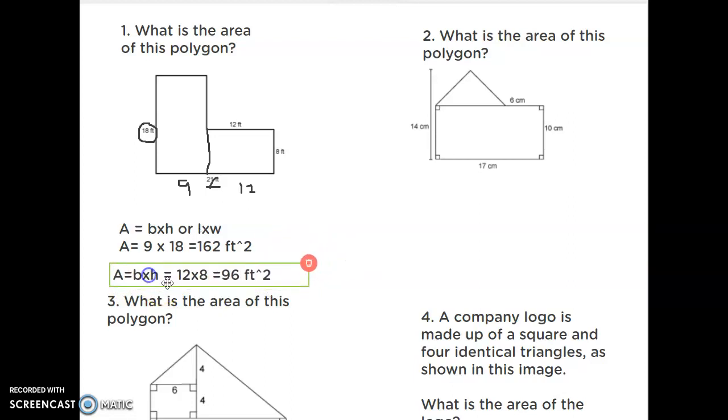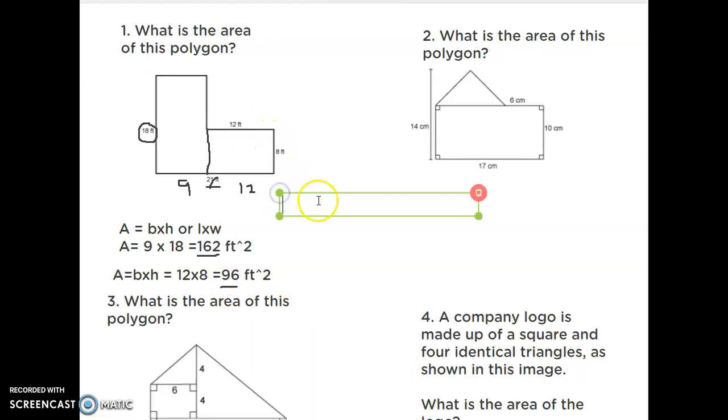And then we're not finished. We have to take those 2 areas and add them together, and that would give us the area of the total polygon. So 162 plus 96, we get 258.